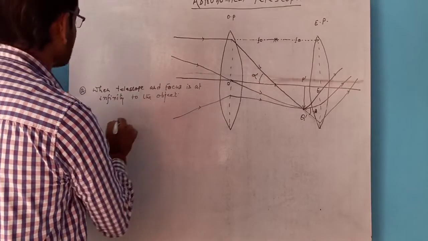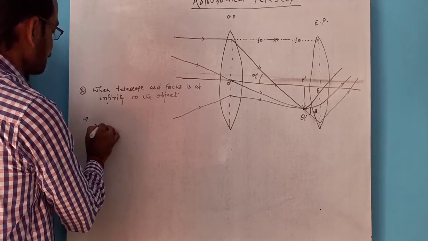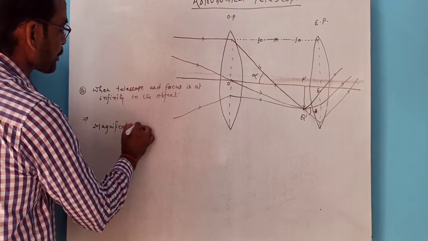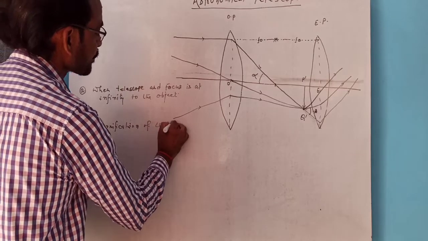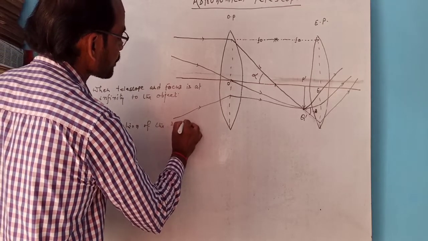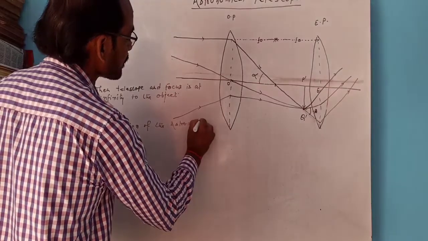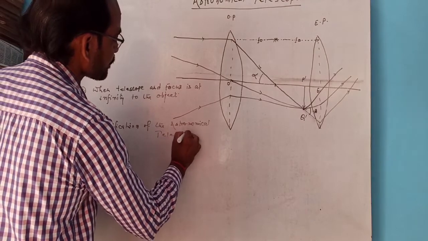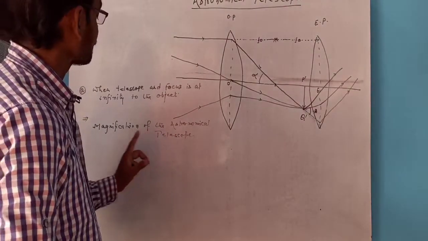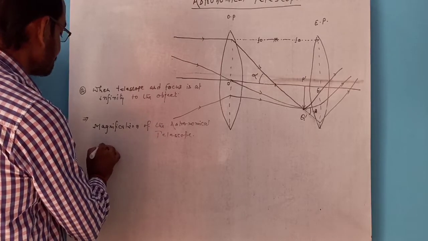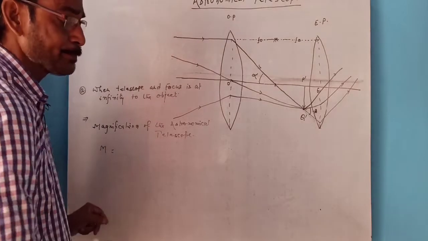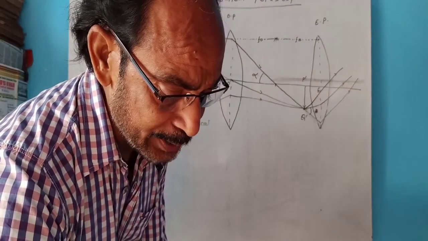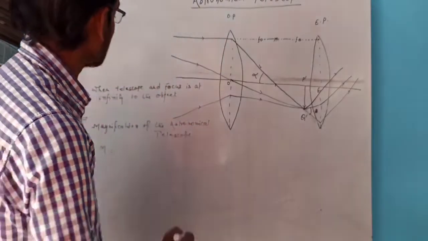Magnification of the astronomical telescope: here m equals the angle of the eyepiece upon the angle of the objective piece.